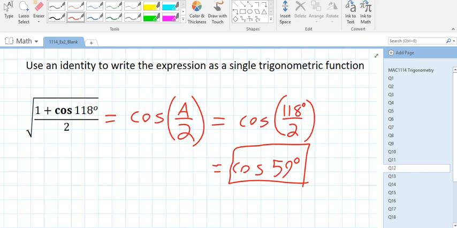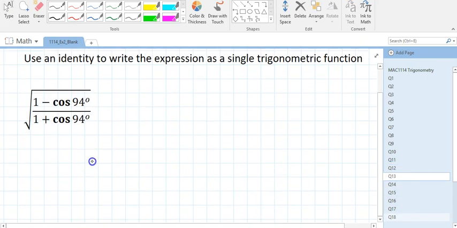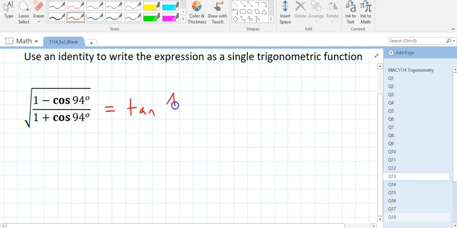Okay, 13. Same idea. Express as a single trig function. Who is this? This is tangent half angle. So this is equal to tangent A over 2. Who is A?